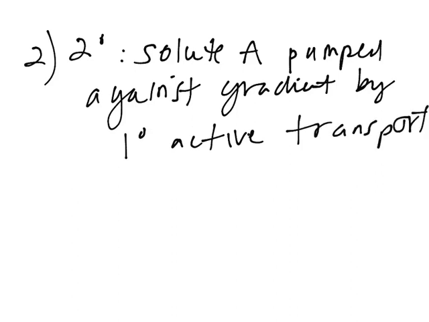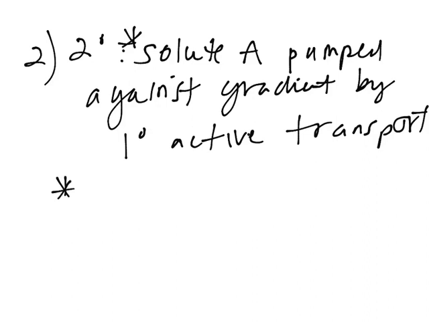Okay, so that would be an example of what I just said. So for example, your membrane transporter hydrolyzes ATP, and you harvest that energy for that transporter to move a solute against its gradient. That would be the primary active transport. But that would be this first process here.